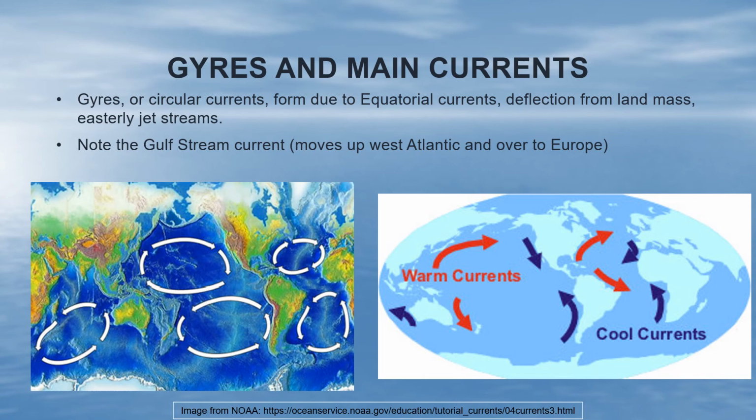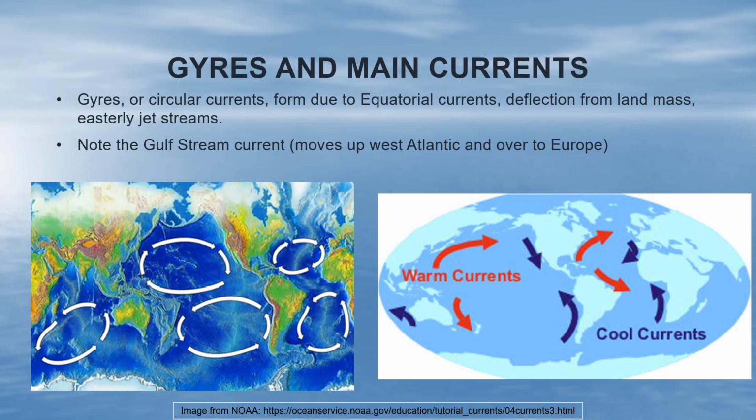If you're in the south, it's going to go south when it hits a landmass, and then it's going to cycle back going from west to east due to the jet stream currents that are pulling it. So that's what we see, these gyres or circular currents that form in all of the oceans on Earth.